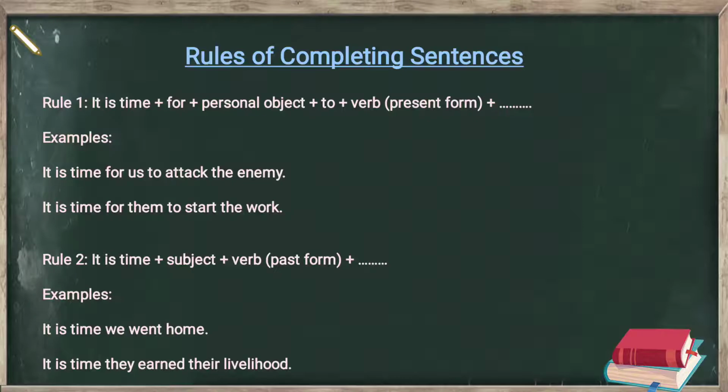It is time for us. Can't you see this? Okay. You must use the items which are provided in the structure. You must follow this. You should focus on "for," on "to," and the present form of the verb, personal object, etc.